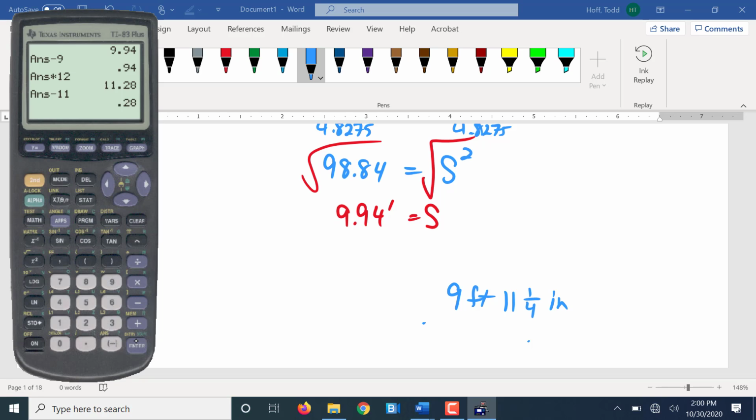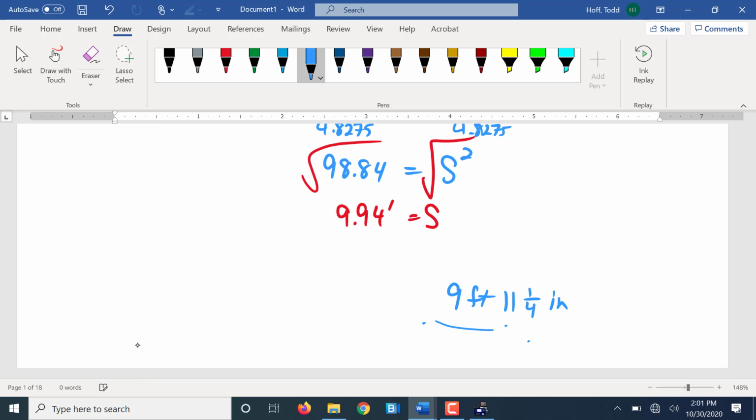If we want it in eighths, we'd multiply by 8. Sixteenths, we multiply by 16. So times 16 gives us 4.48. So that's between 4 and 5. Which is it closer to? Careful. 4. So it's less than 4.5. It's closer to 4. So 4/16 or 1/4. So it is 9 foot 11 1/4 inches.